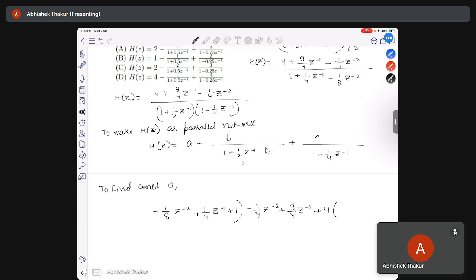So when you multiply it by 2, what we will get? We'll get minus 1 by 4 z to the power of minus 2 plus 1 by 2 z inverse plus 2. Now subtraction will give us 2 plus, and this will be 9 by 4 minus 2 by 4. It will be 7 by 4 z inverse.